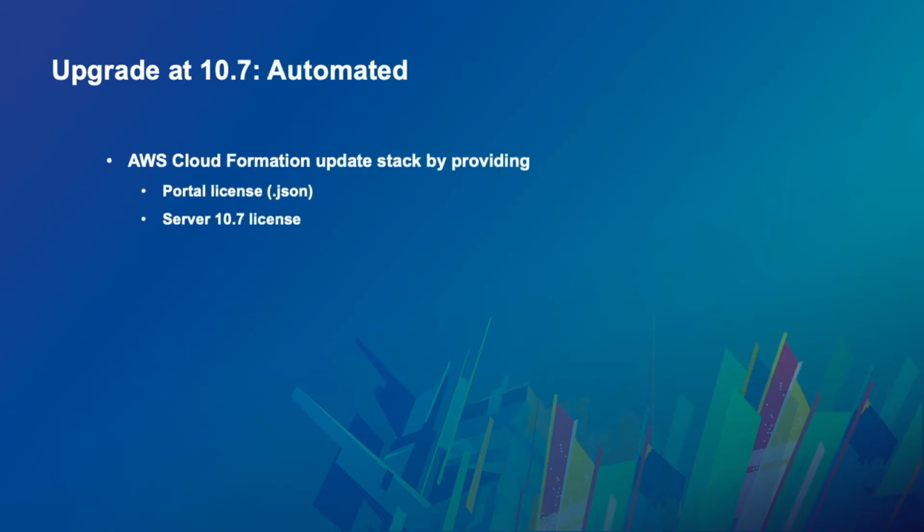Then at 10.7, it's even better, further automated. As a user, all you need is just a new license file. For portal it's the JSON file. You probably know by now, 10.7 portal is totally rekeyed. You need to get a JSON file.